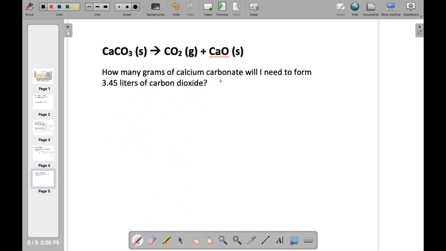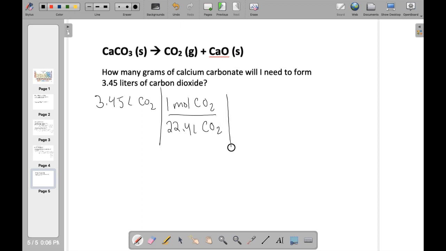How many grams of calcium carbonate will I need to form 3.45 liters of carbon dioxide? Well, let's put 3.45 liters of CO2 and convert it to moles. 1 mole CO2 equals, and this is a gas, so I can use my liters, 22.4 liters of CO2.